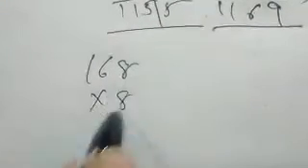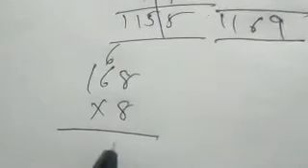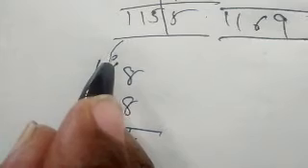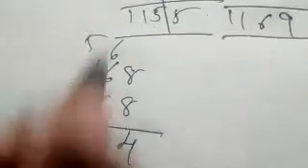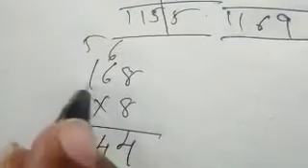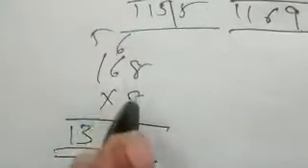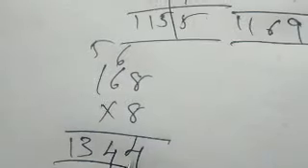Still there is a difference. So we are going to go with 168 into 8, the same number you have to take. So 64, 8 6 is 48 plus 6, 54, 8 1 is 8 plus 5, 13. See, exactly it is matching: 168 into 8 equal to 1344.